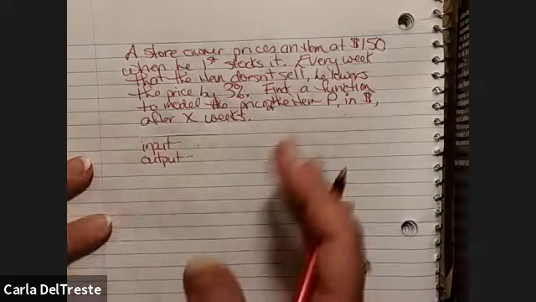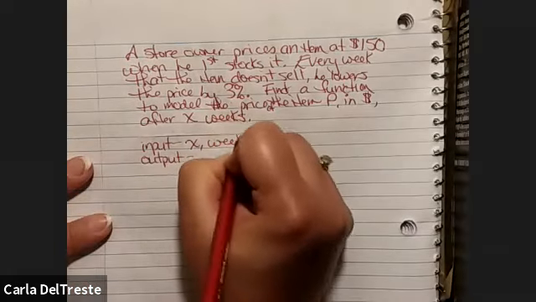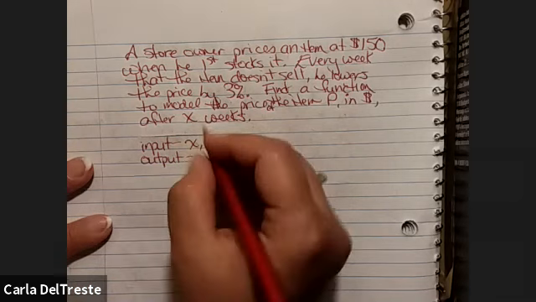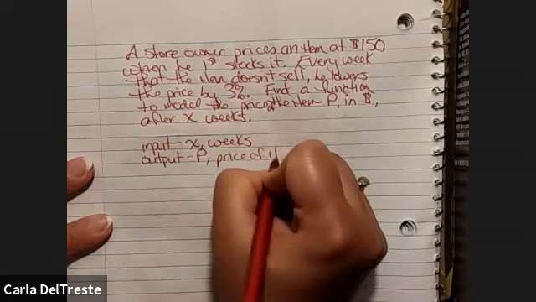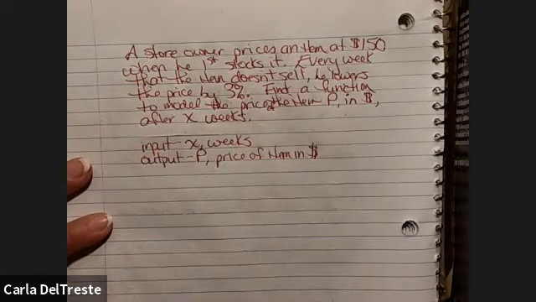Okay? Weeks are going to go by that he doesn't sell this item. So the input is going to be X, which is weeks. What am I trying to measure here? I want to know what he's going to sell the item for. So that's going to be the P, which is the price of the item in dollars. Okay?